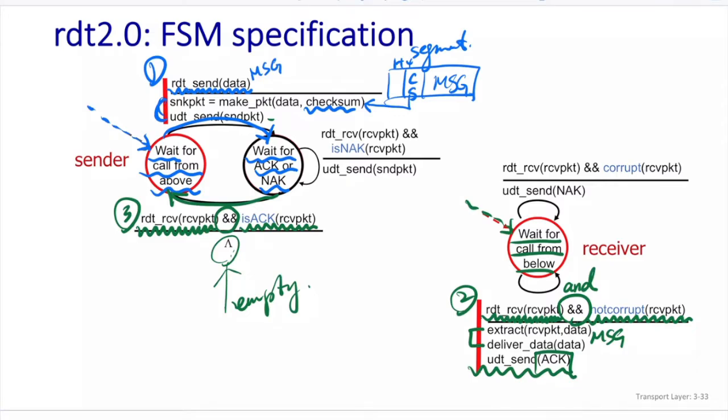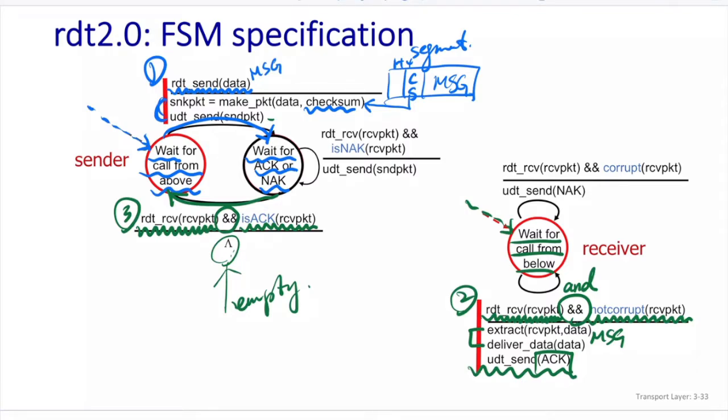So next time when layer 7 has messages that need to be sent, the sender will wait in the wait for call from above state and try to serve the next message, and so on and so forth. So usually step 1, step 2, and step 3, and it keeps going on.